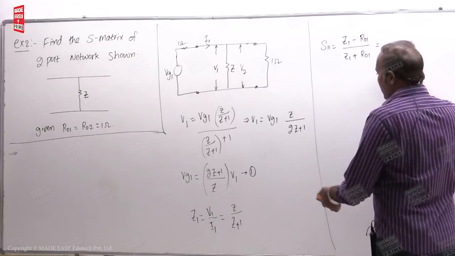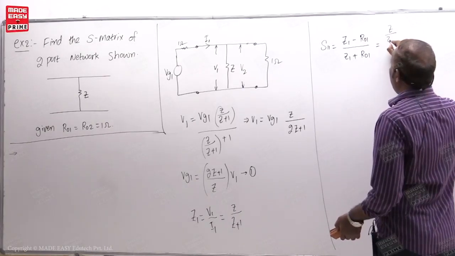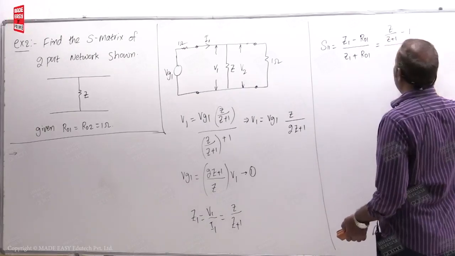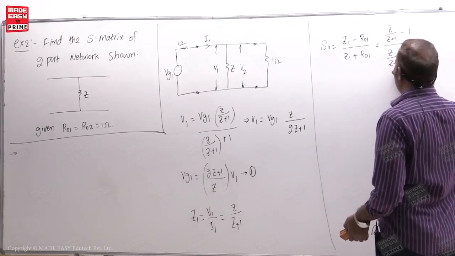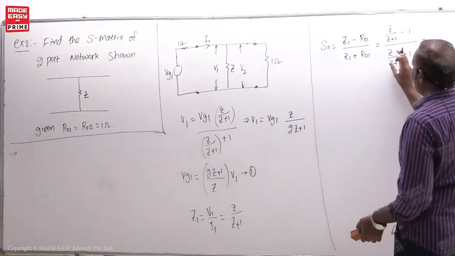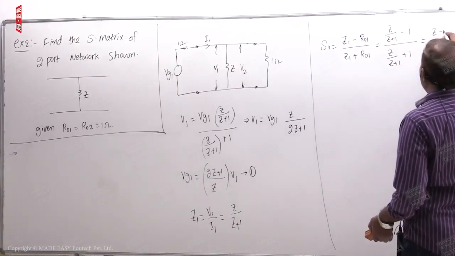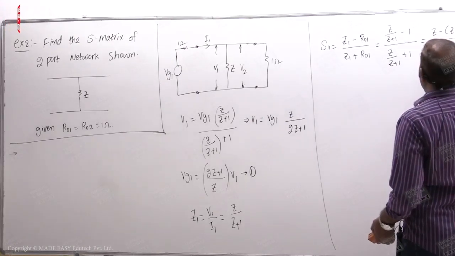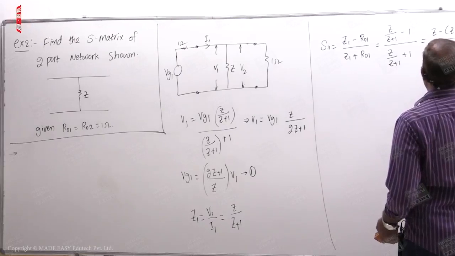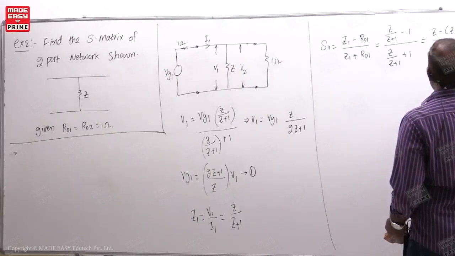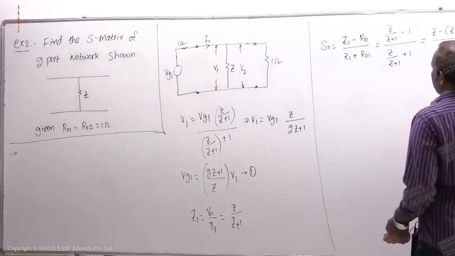So Z1 is actually Z divided by Z plus 1, minus R01 which is 1 ohm, divided by Z plus 1 plus 1. Ultimately denominator same, so Z minus (Z plus 1) divided by 2Z plus 1, that is equal to Z minus Z gone, so minus 1 by 2Z plus 1 you get, S11.